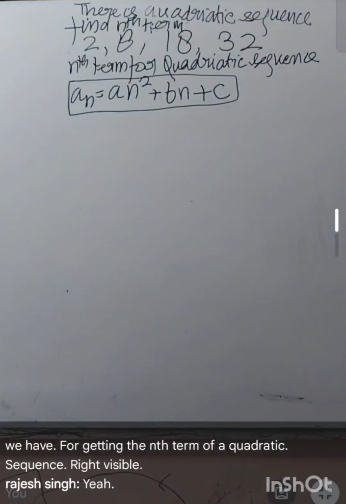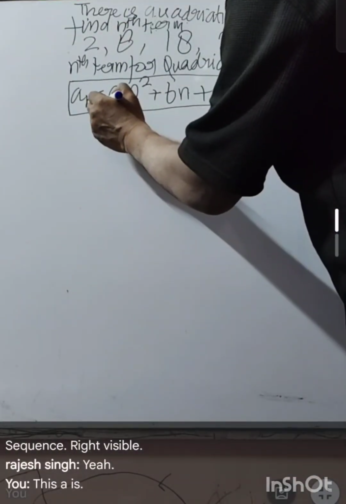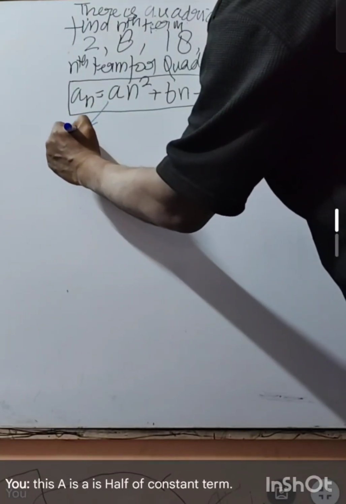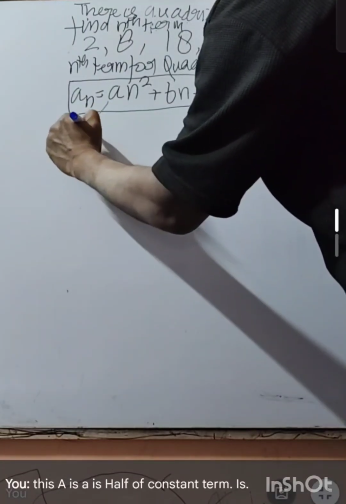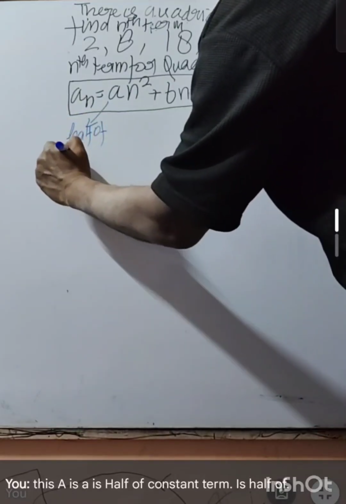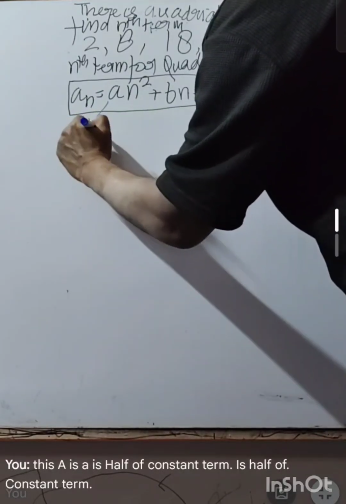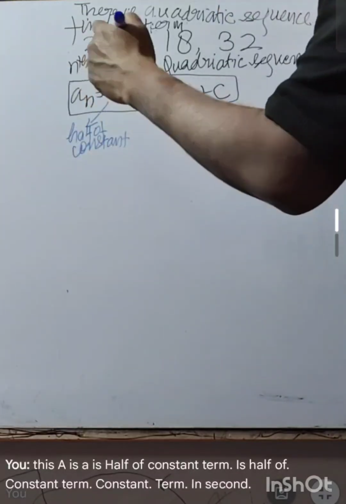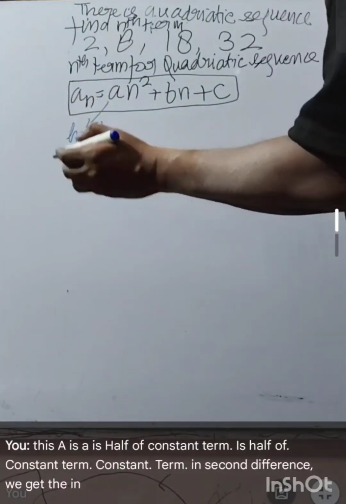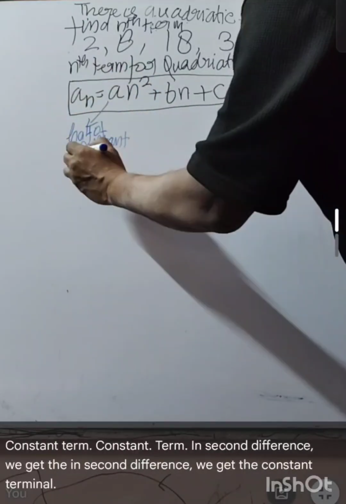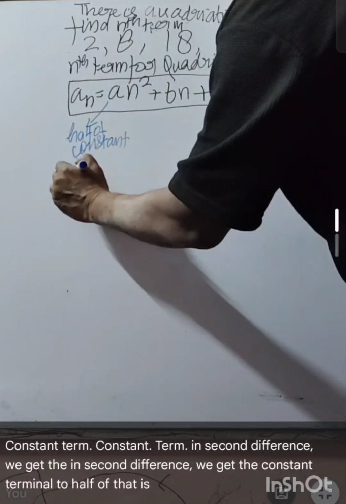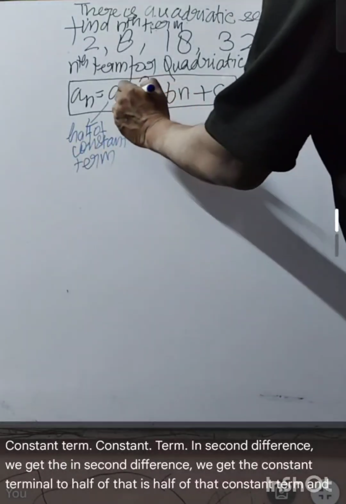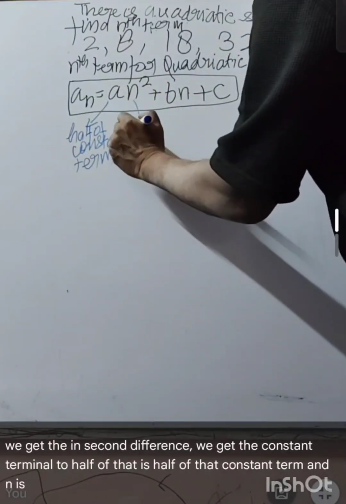A is half of the constant term. In the second difference we get the constant term, so A is half of that constant term, and n is the position of the term.